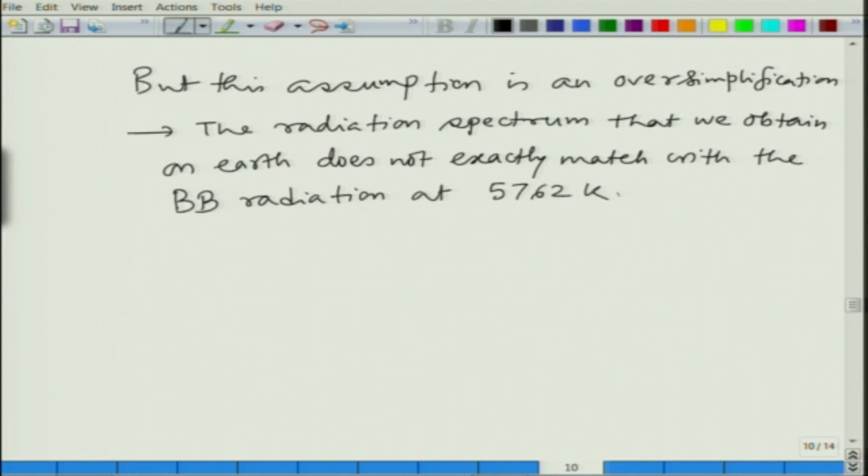Okay. That does not exactly match, but it is a reasonably close assumption.